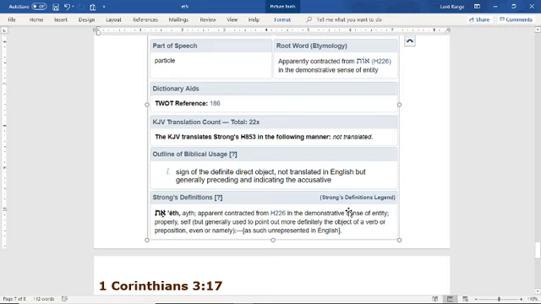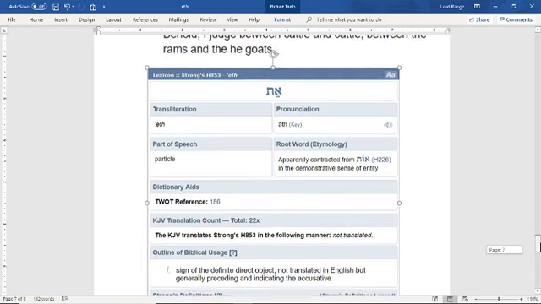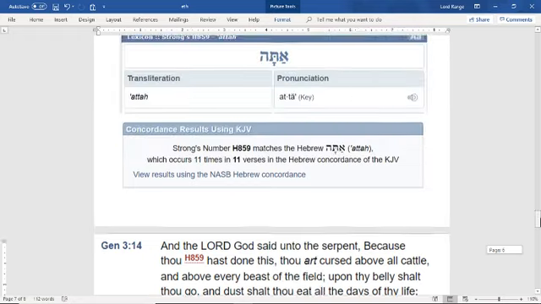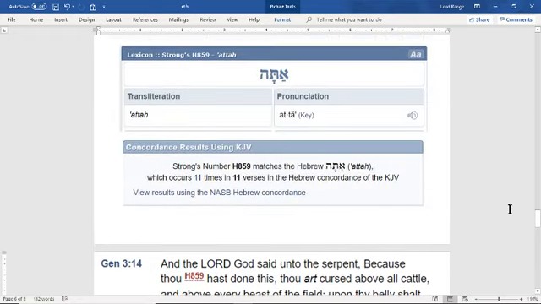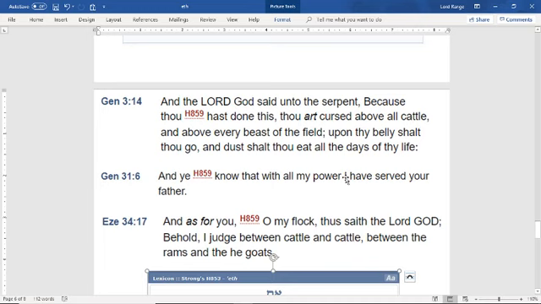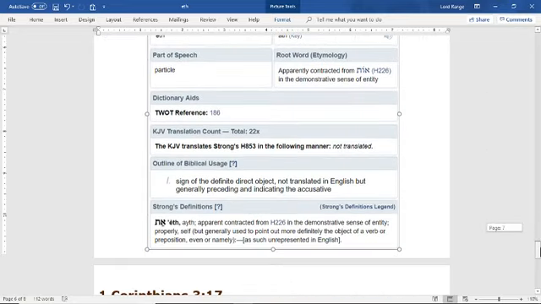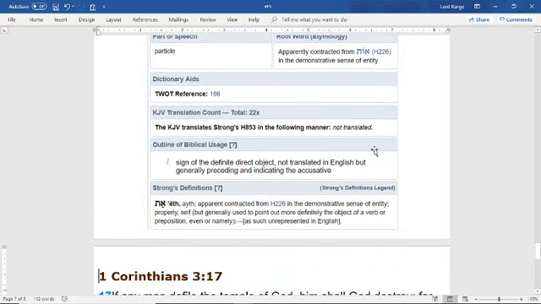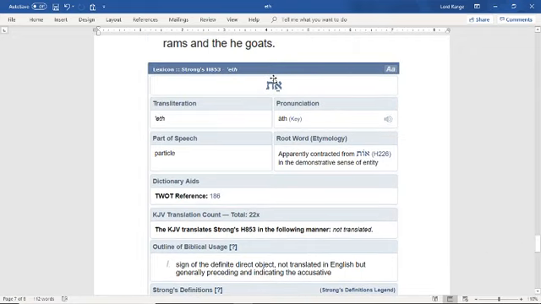So when you read this at first, it might seem a little confusing, but when you go back and realize that the Hebrew word atah in the Old Testament is translated as you, then when you look at this word eighth and it says it properly represents self, it makes sense. This word kind of means self or you.